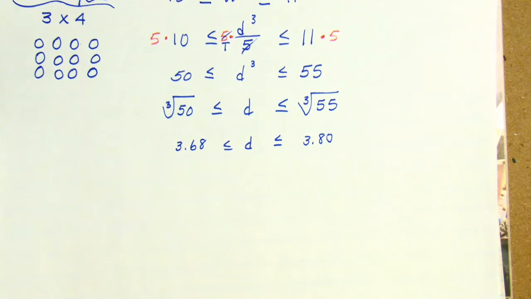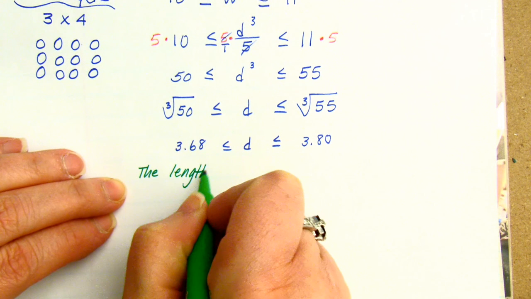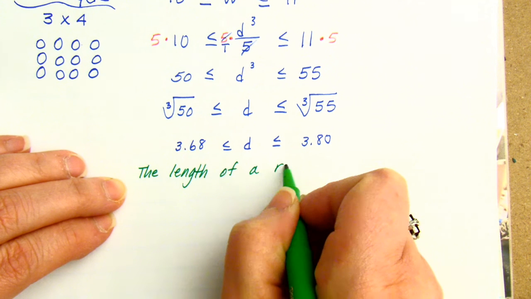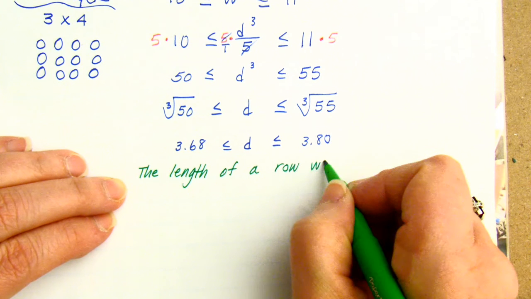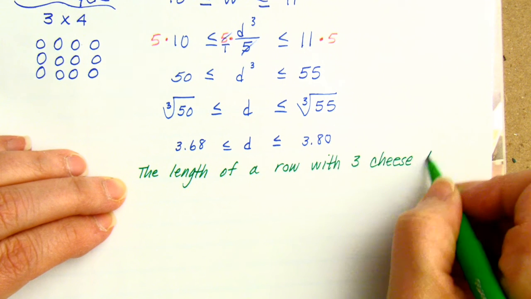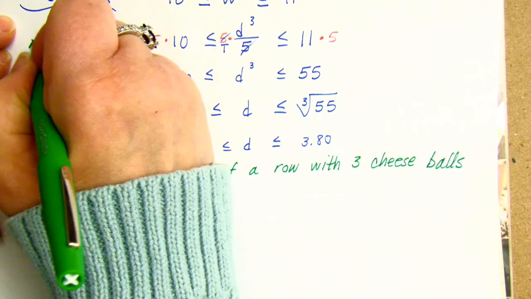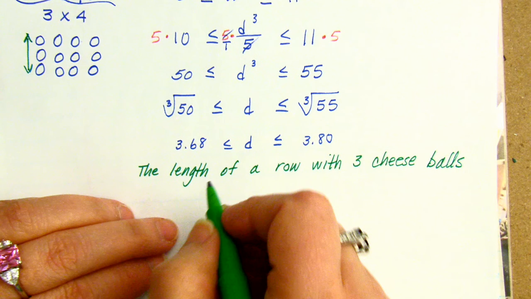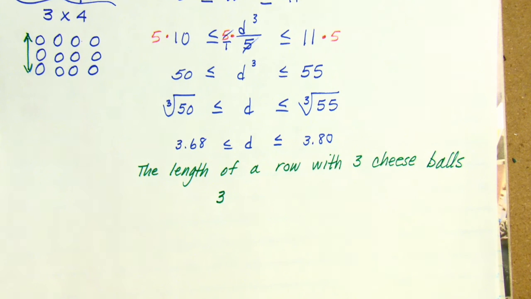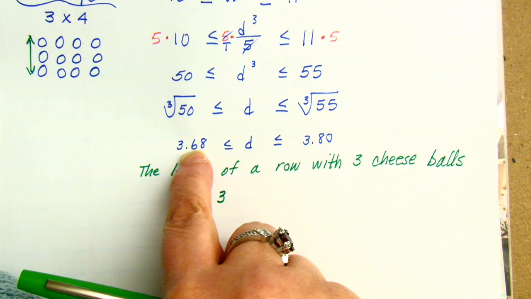So now I'm going to write out the length of a row with 3 cheese balls, so I'm talking about this, is 3 times what? I can't use this value here.